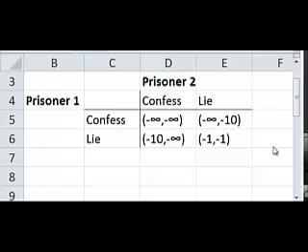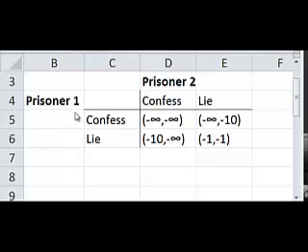Okay, here is our modified payoff table. As you can see, if anyone confesses, then their outcome is much worse than it was before.